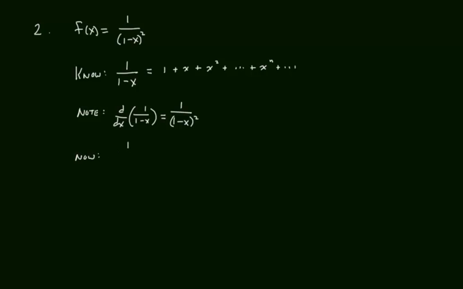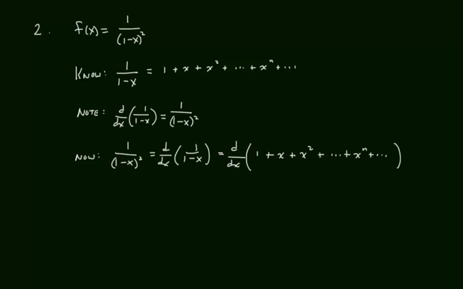So now we're going to do this. We're going to say 1 over 1 minus x quantity squared is equal to the derivative with respect to x of this, and we're going to do it now. We're going to do term by term. Let's write out these terms: 1 plus x plus x squared plus plus x to the n plus, and do the derivative term by term.